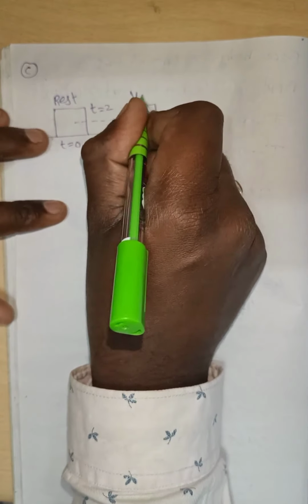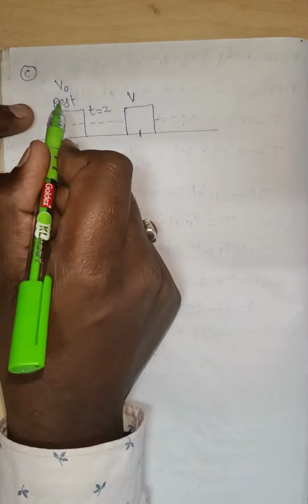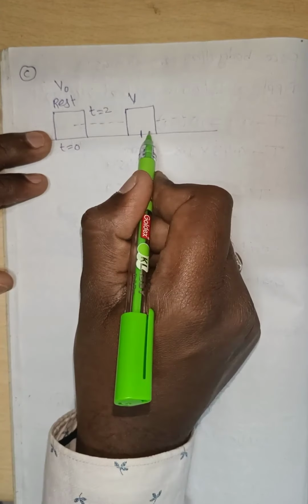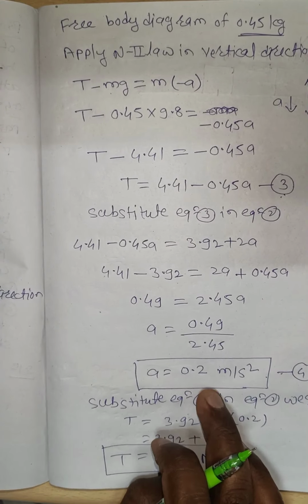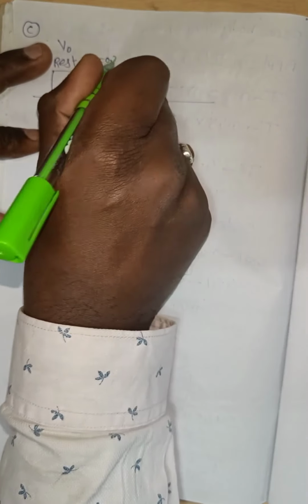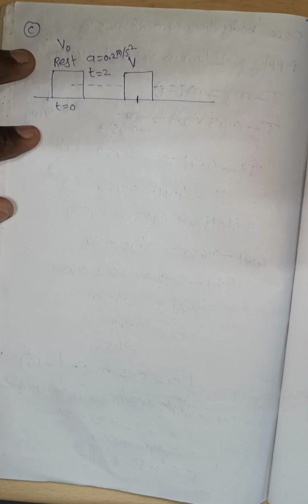Now it has some velocity v. Here in that case the velocity is v0. The block is accelerated, and we have to find out that acceleration, which is 0.2 meter per second square, and it reaches this point.